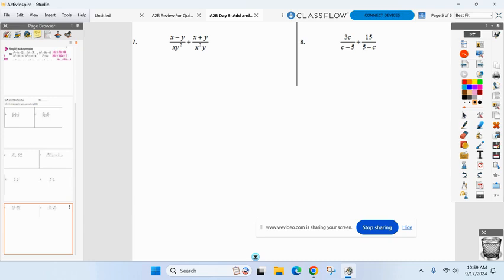This was Friday's notes, and a couple guys asked me how I did that in the notes, because it's probably better for me to do it right in front of your face. Are these the same denominators? No, they're not, so you cannot just add. You need to get a common denominator. Yesterday, we talked about factoring the denominators. These aren't factorable, so you still need a common denominator.